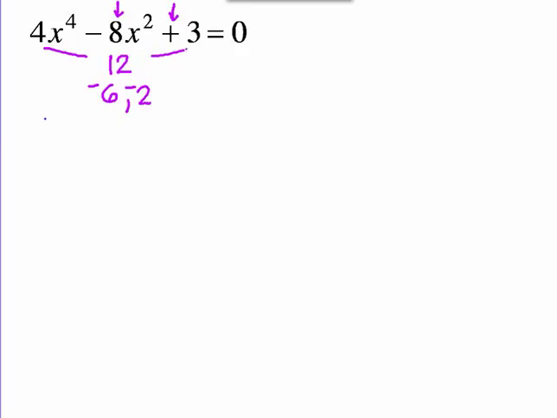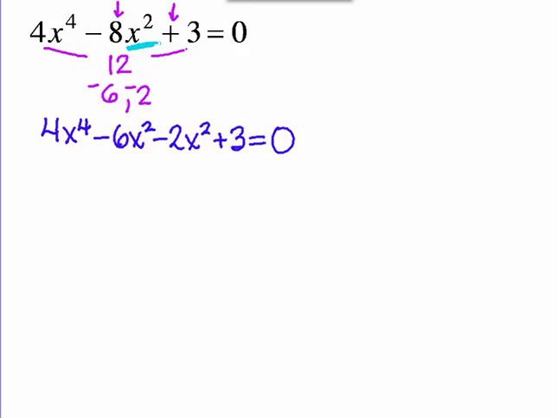Rewriting it, you have 4x to the 4th minus 6x squared minus 2x squared plus 3 equals 0. Why did you do that? Because your middle term here is x squared. And remember, we're just rewriting that middle term using -6 and -2.